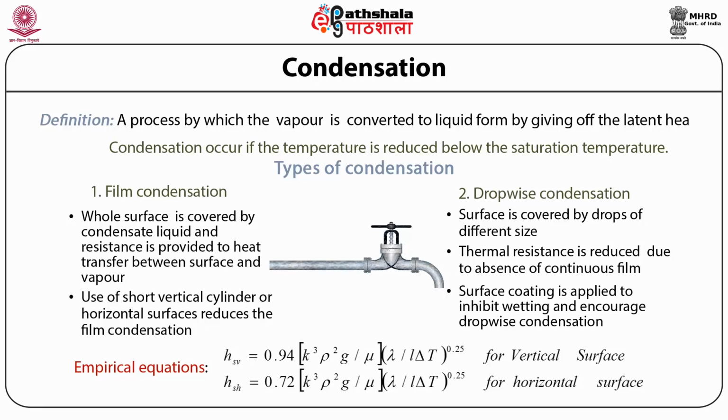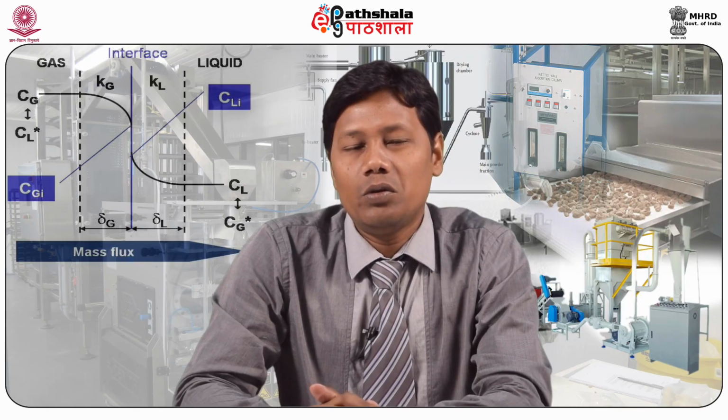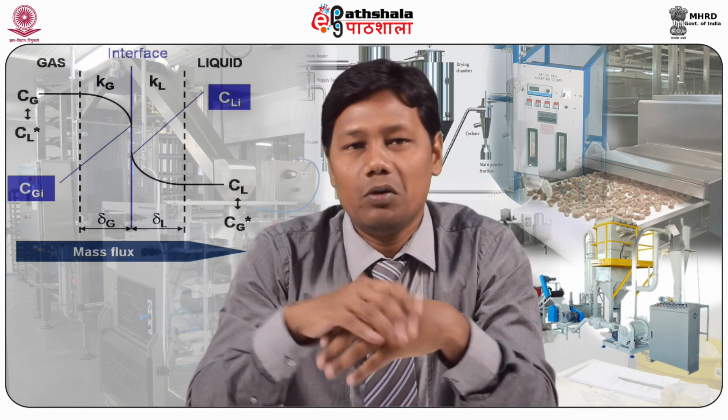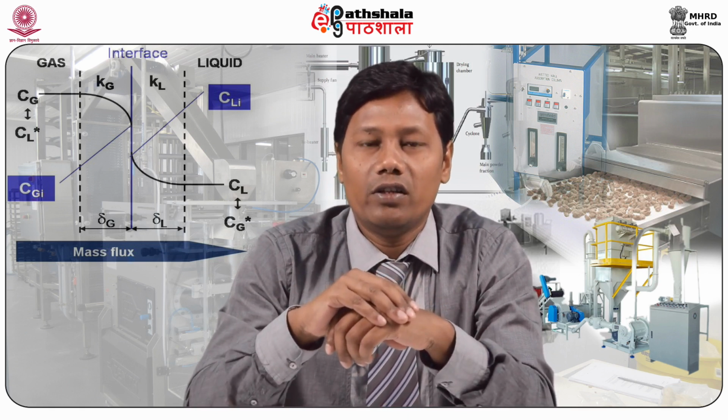In this case, k is the thermal conductivity, rho is the density of the liquid of concern, mu is the viscosity of the liquid of concern, g is the acceleration due to gravity, and del T is the overall temperature difference.